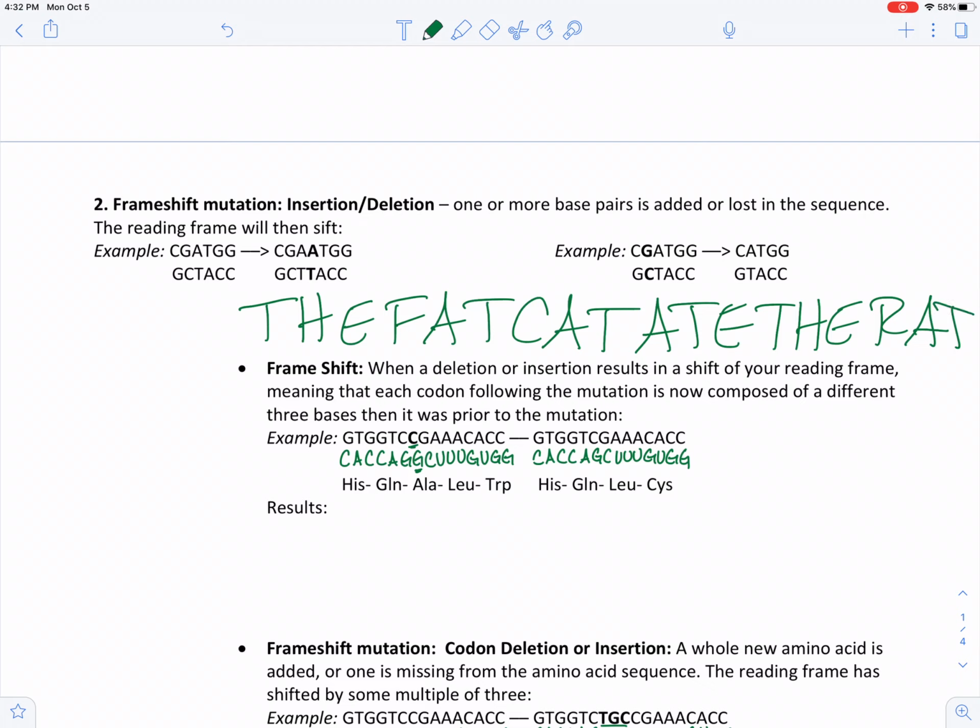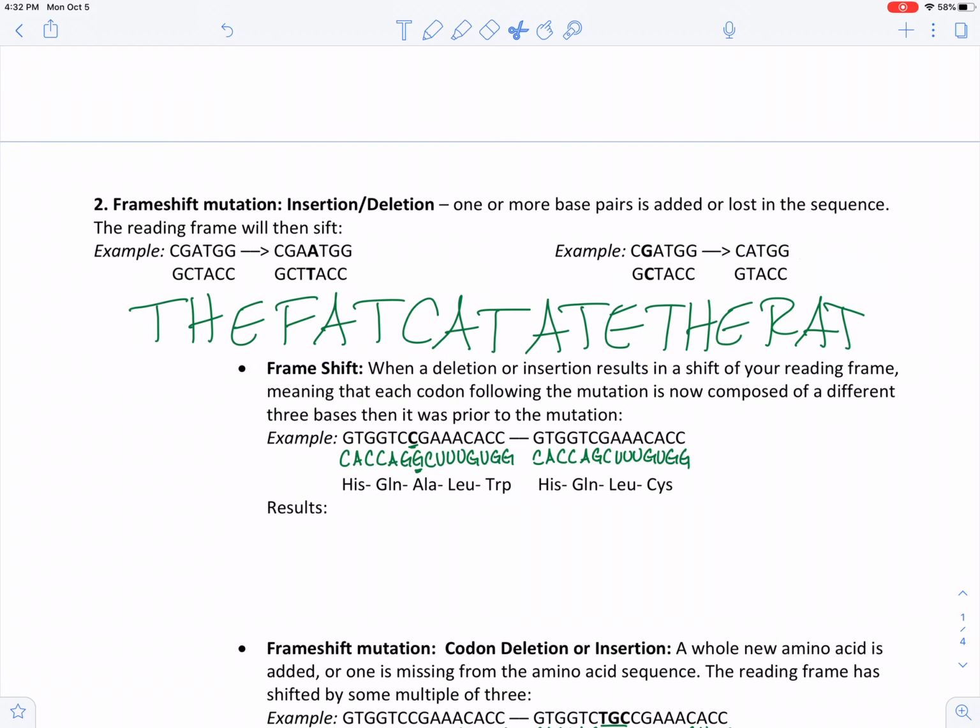And if we have a frame shift mutation, that typically means that we have a mutation where you either insert or you delete a letter. So in these examples, you'll see right here, I have an insertion. In this one over here, this guy got deleted, and now my sequence is shorter.